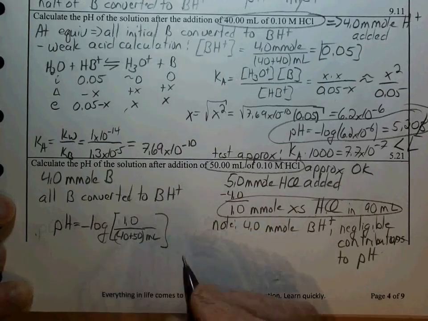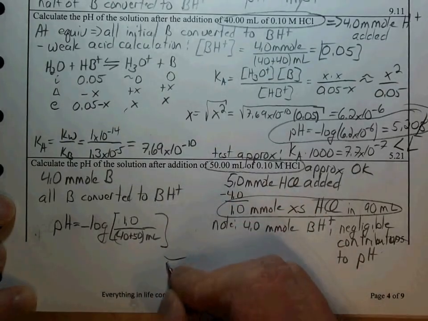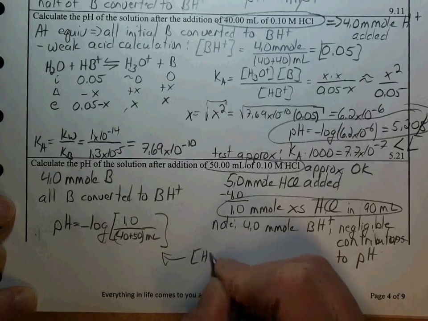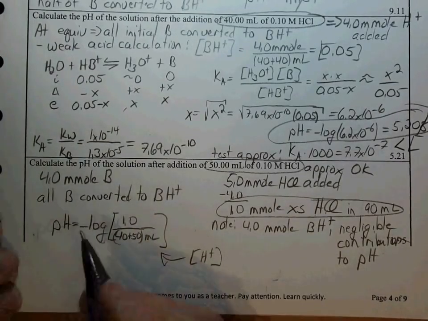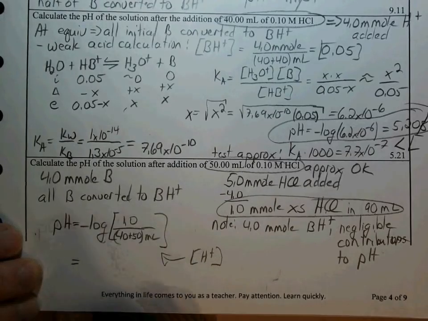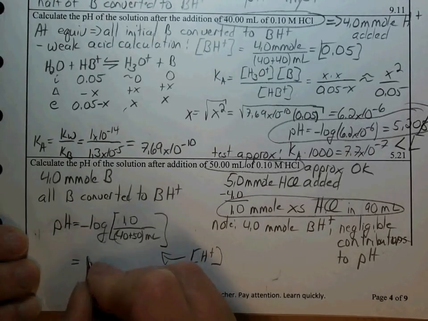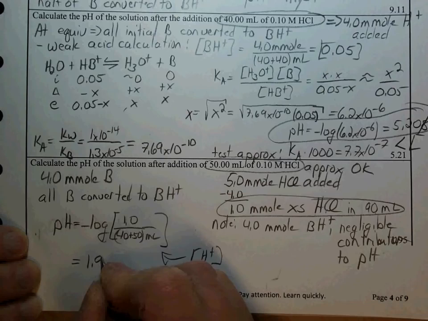So this is the concentration of H plus. So pH is the negative log of H plus and is equal to 1.95.